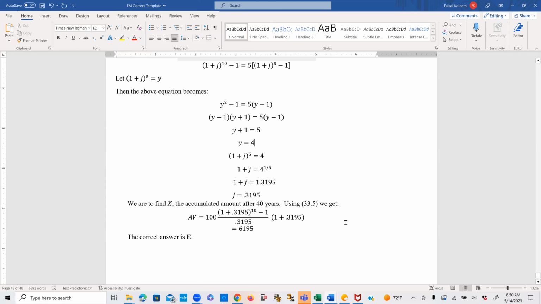By using 33.5, remember, the accumulated value would be each deposit times 1 plus the interest rate to the power of the number of deposits minus 1. For 40 years, we figured out that the number of deposits will be 10. Each deposit is 100. The interest rate, we figured out, was 0.3195 for the 4-year period. Times 1 plus the interest rate, and the whole thing simplifies to 6195, which was choice E.